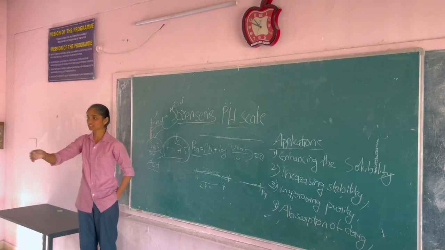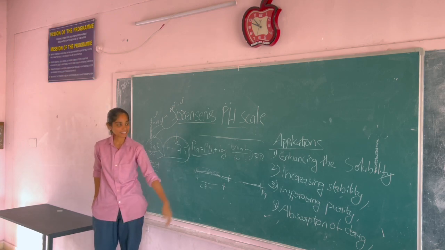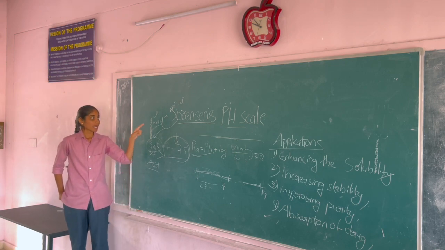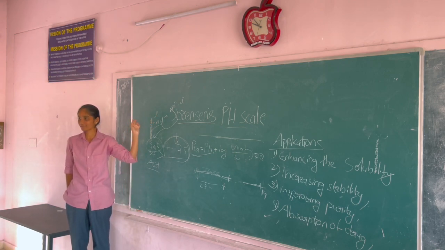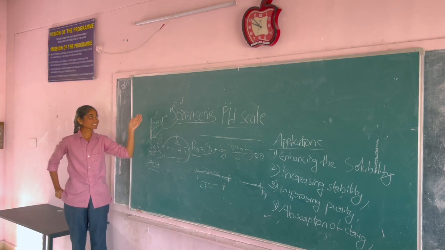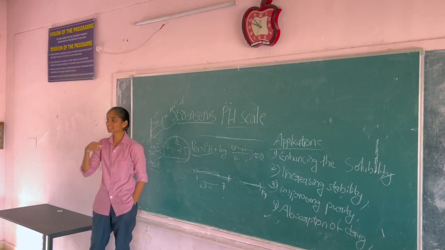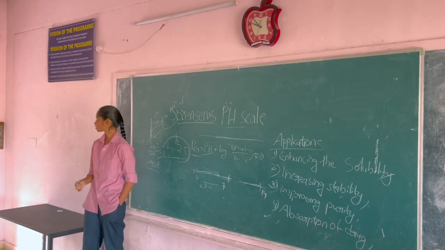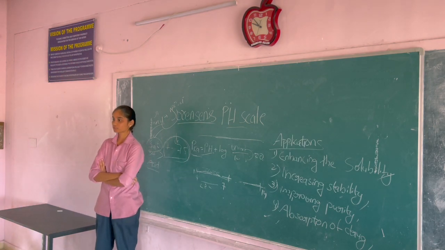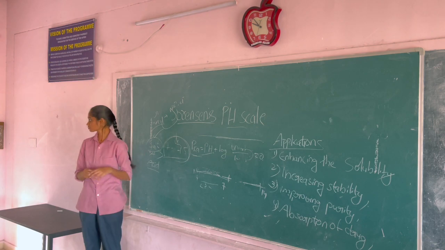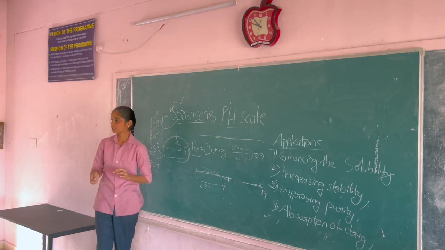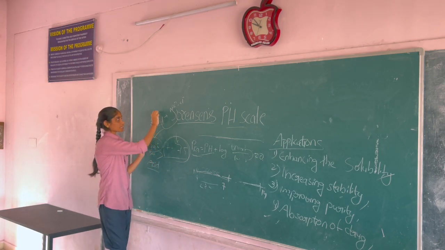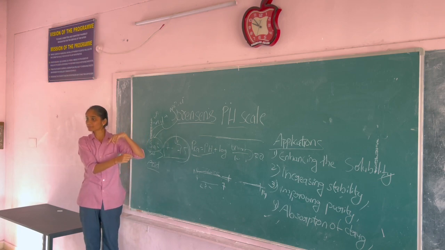By maintaining the pH, I understand how the drug is going to be absorbed. By maintaining an optimum pH, the unionized form is more soluble when compared with the ionized form. This unionized form of the drug depends upon the pKa of the solution or the pH of the solution.